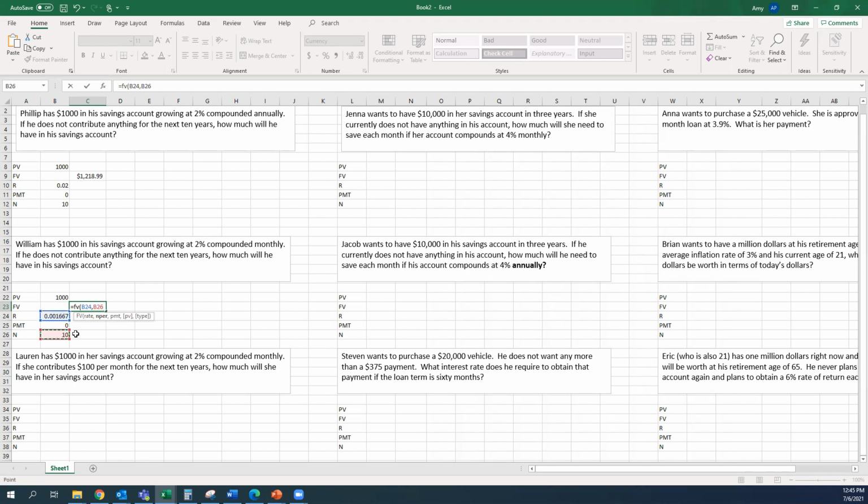Well, actually, I just made a mistake. His NPER is actually going to be 10 times 12 because he's going to have 120 months. 10 years at 12 months a year is 120 months. That's his NPER. So let's try this again.